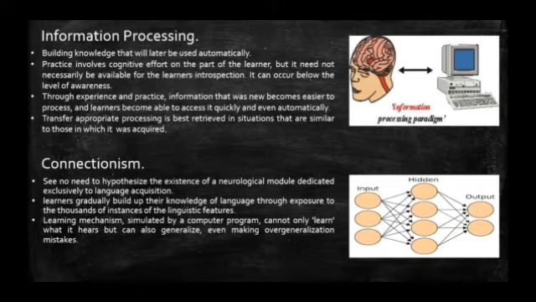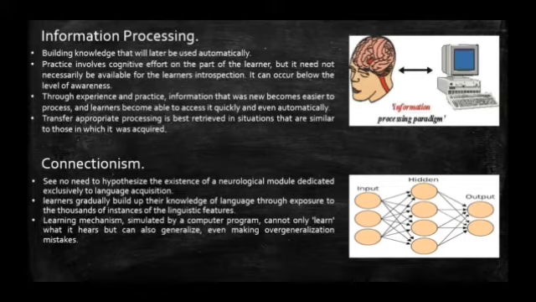So, through experience and practice, information that was new becomes easier to process, and the learner becomes able to access it quickly and even automatically. Connectionism is an approach that hopes to explain mental phenomena.